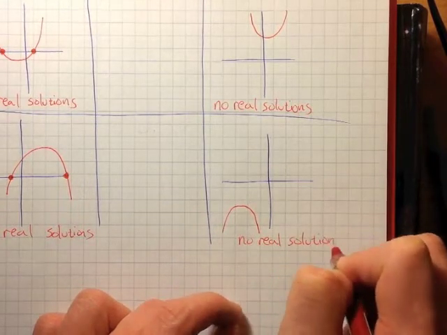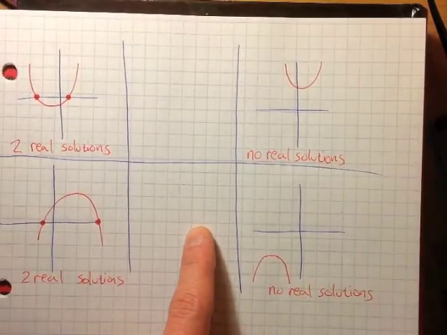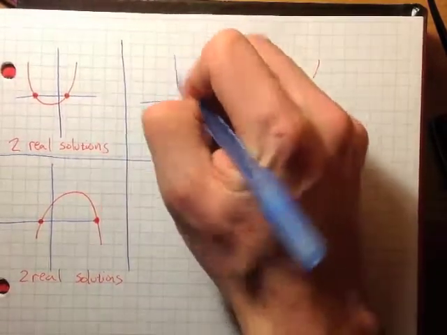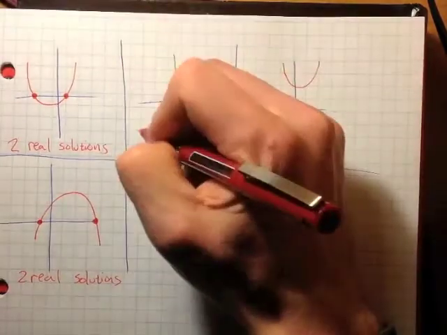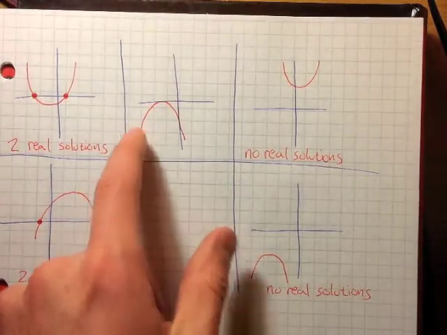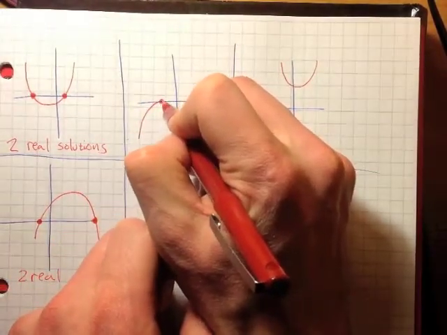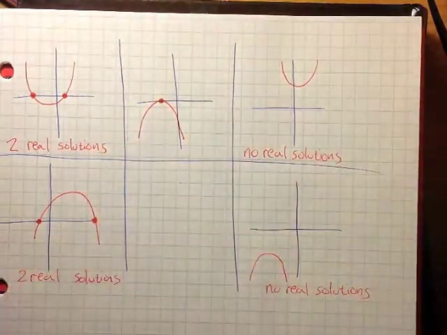Now there's a third case. There's a Goldilocks case right here in the middle. What happens if you have a graph that looks like this? Look at what this graph does. It just barely touches the x-axis.